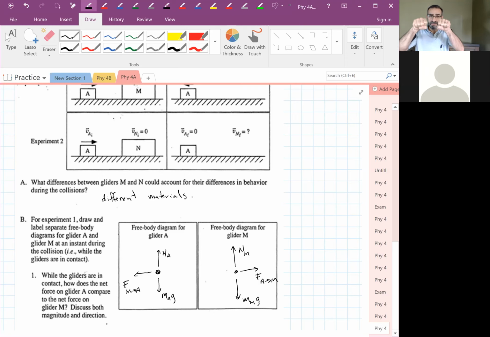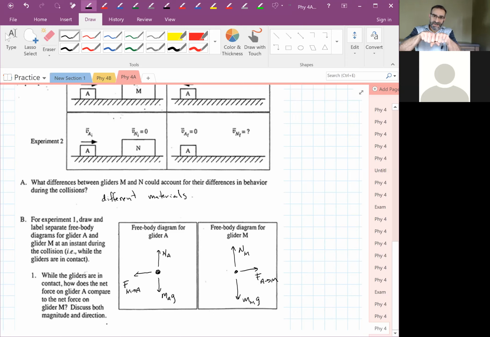Maybe as those blocks come together, the instant they just touch, there's a tiny force on M in that direction. There's a tiny force on A in that direction. But they're equal and opposite. An instant later, the two surfaces are sinking into each other a little bit. Now there's a big force in this direction on M, and a big force in that direction on A, but they're still equal and opposite.